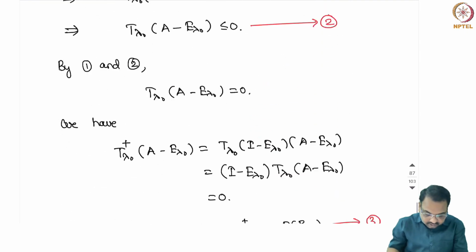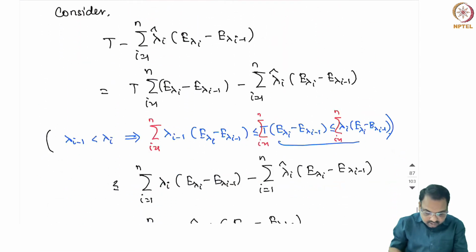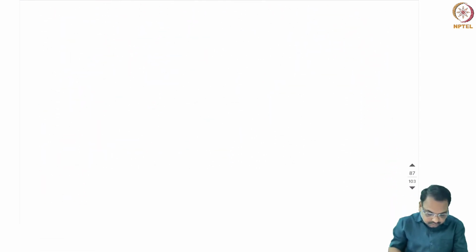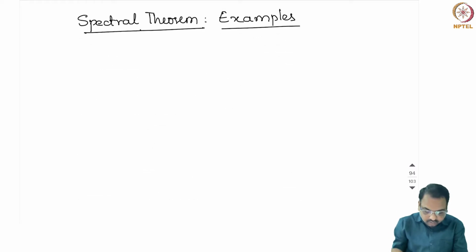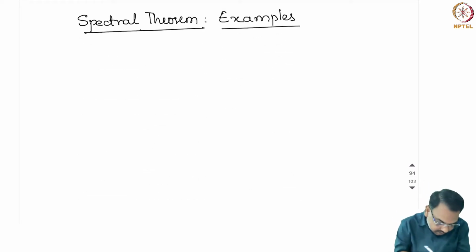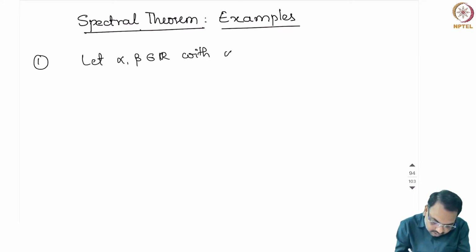Now let us look at a few examples to illustrate the spectral theorem. So let us start with a 2 by 2 matrix. Let us take alpha, beta to be real numbers with alpha less than beta.